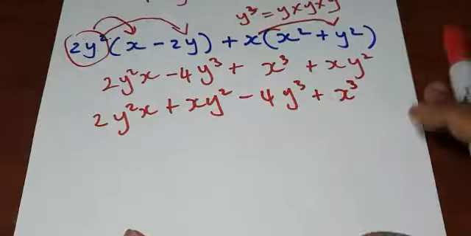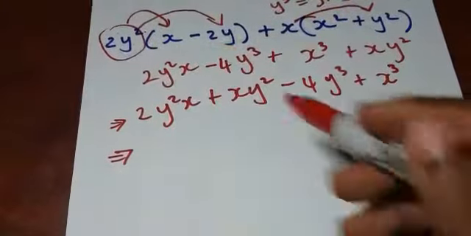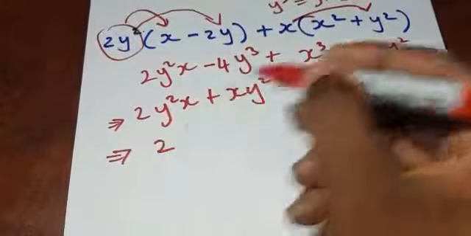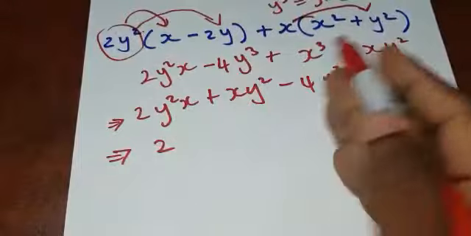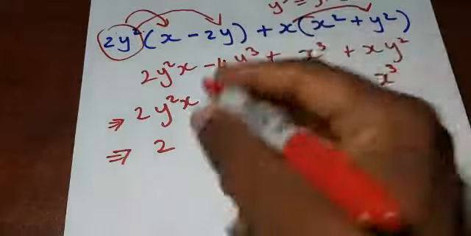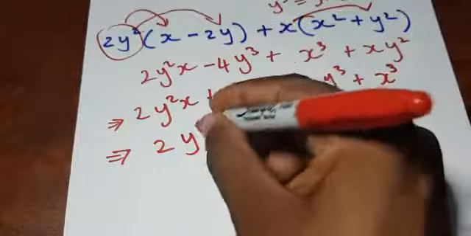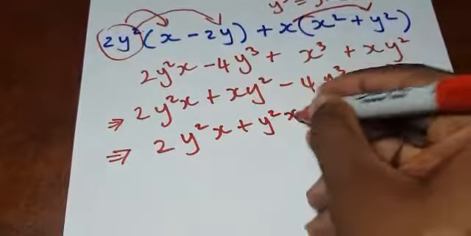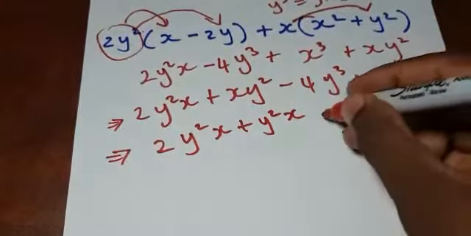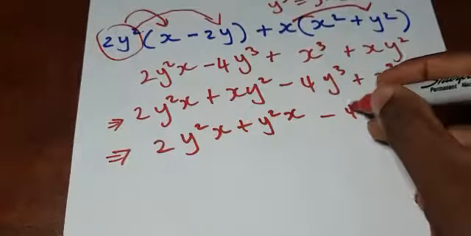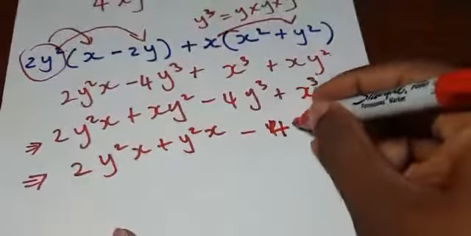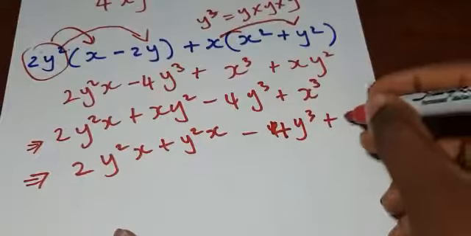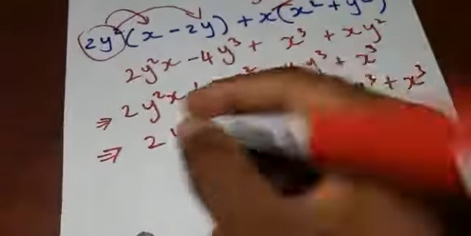But just for the sake of ease and readability, we would like these two to look the same because they are the same. So we can change the order there, and then, all right. That should be a minus 4y cubed plus x cubed.